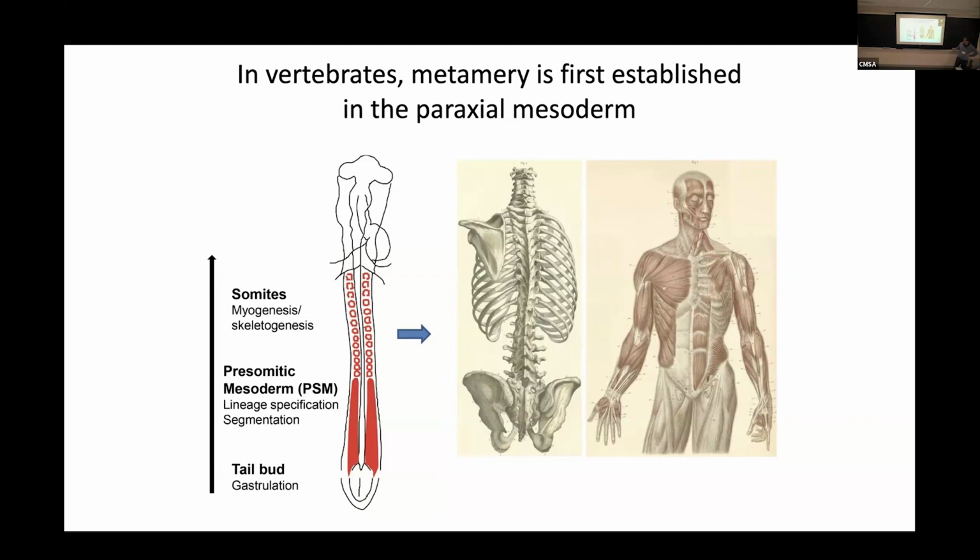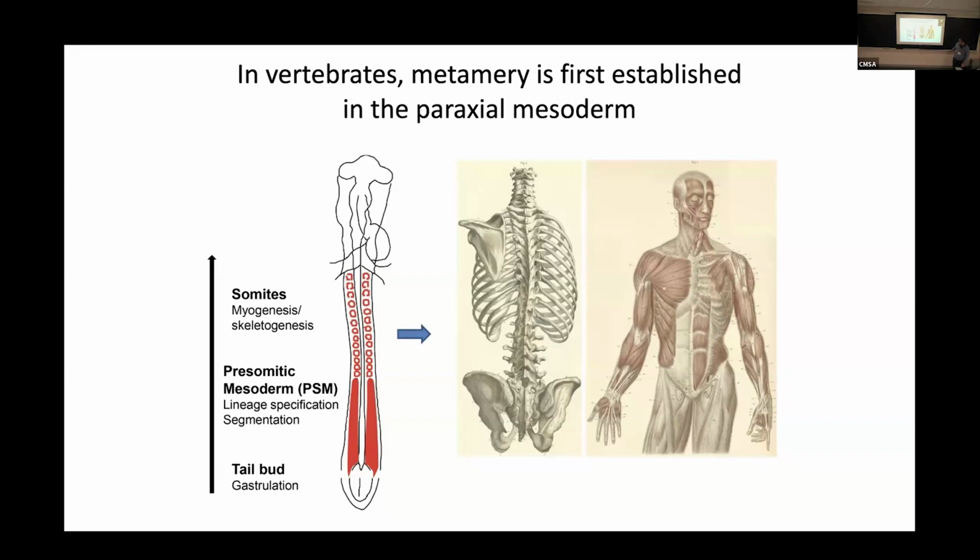And the somites give rise to a large fraction of the musculoskeletal system, the axial skeleton, the ribs, which are clearly segmented structures, and also all the skeletal muscles of the body, and also a few other derivatives. Some of them are segmented, some not, like, for instance, the brown fat, which is involved in thermogenesis, is not segmented. Endothelia, which participate in blood vessels, are segmented, and so on.